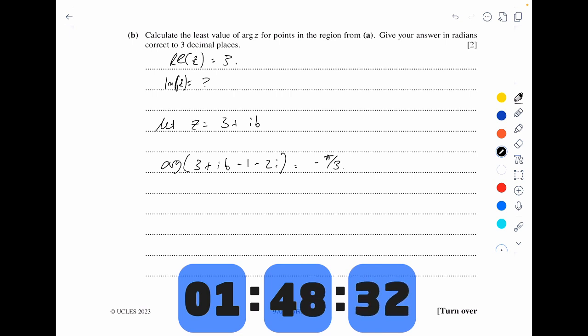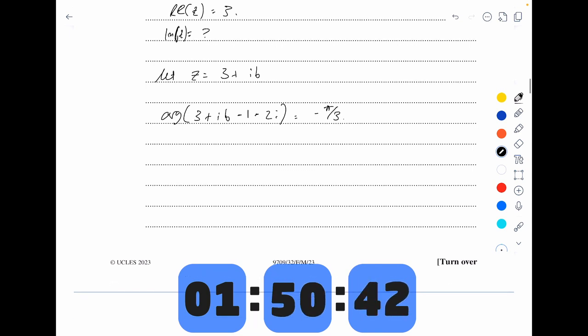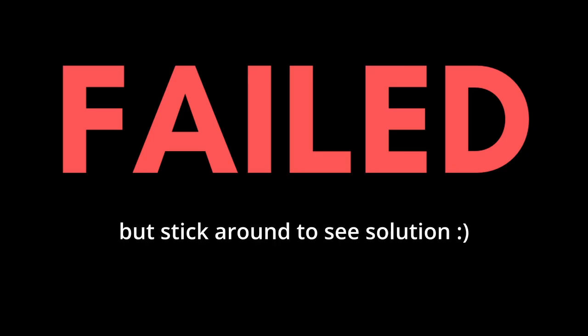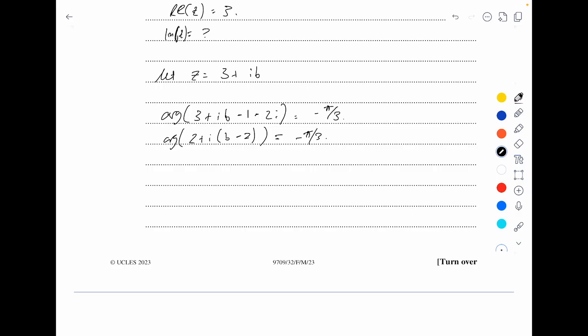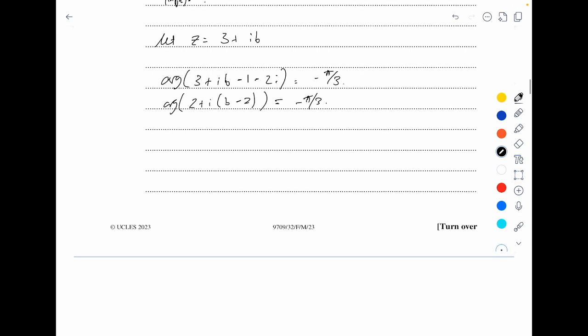So now we just have to get this all together. So arg of 2 plus i(b minus 2) is equal to negative pi over 3.